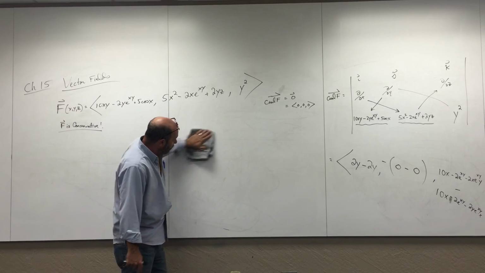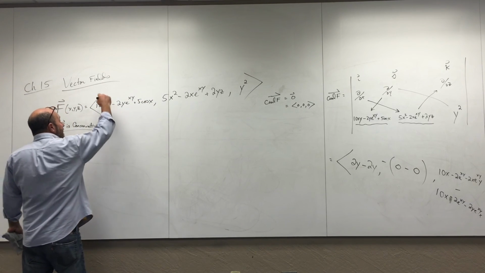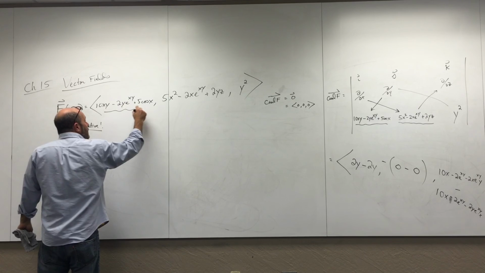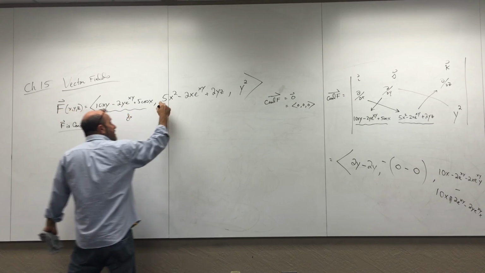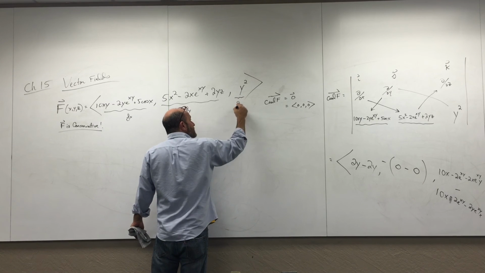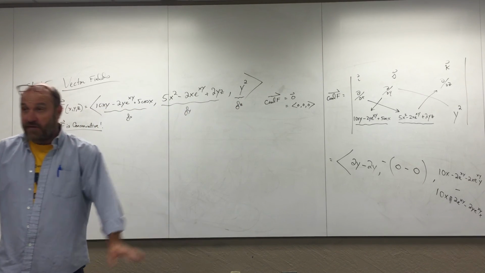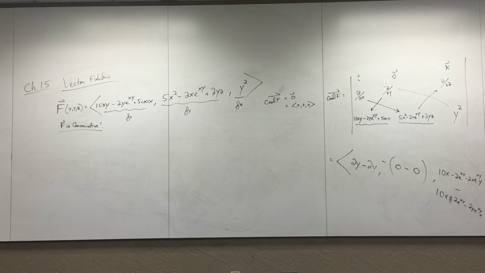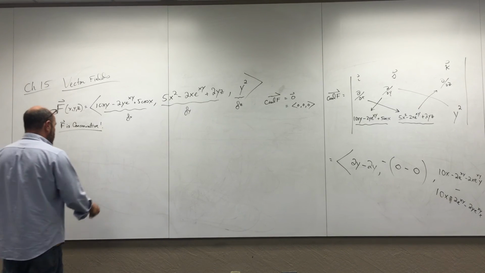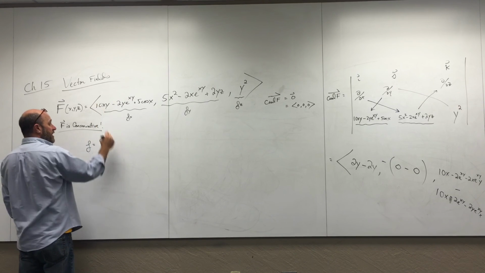In order to find this guy's potential function, I think this is fx, this is fy, and this is fz, and we got to try to get back to f. So we have to integrate with respect to these variables.